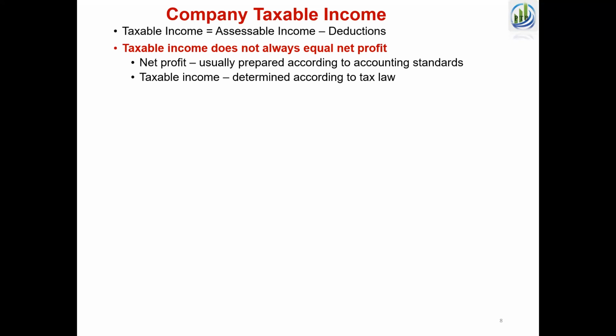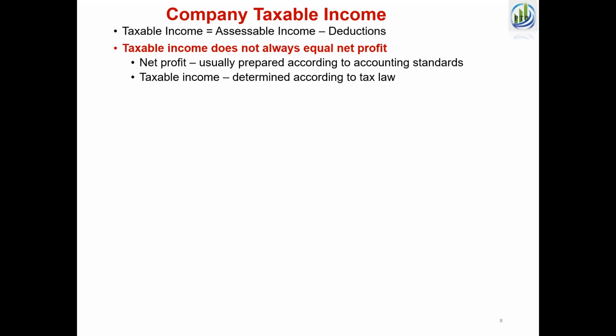However, when we calculate the taxable income, that 50,000 we are not going to include because that's not assessable. So 50,000 is the difference between net profit and taxable income. So how are we going to adjust? From the net profit, you are going to reduce 50,000 as a cash flow boost.